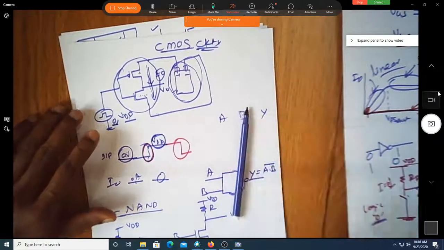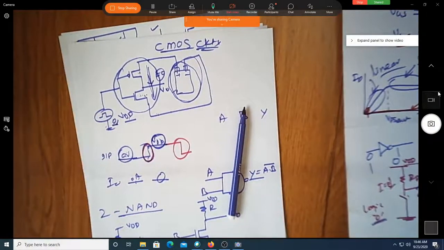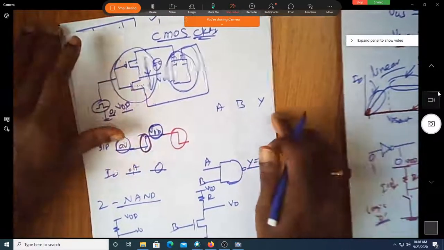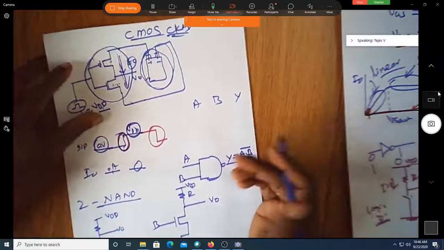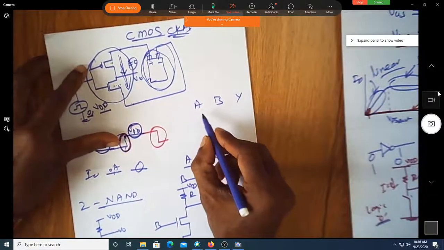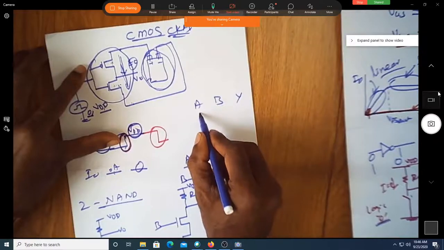When is the output of a NAND gate 1? When both the inputs are 0. Come on. When it is 1. When any one of the inputs is 0, output is 1, no?